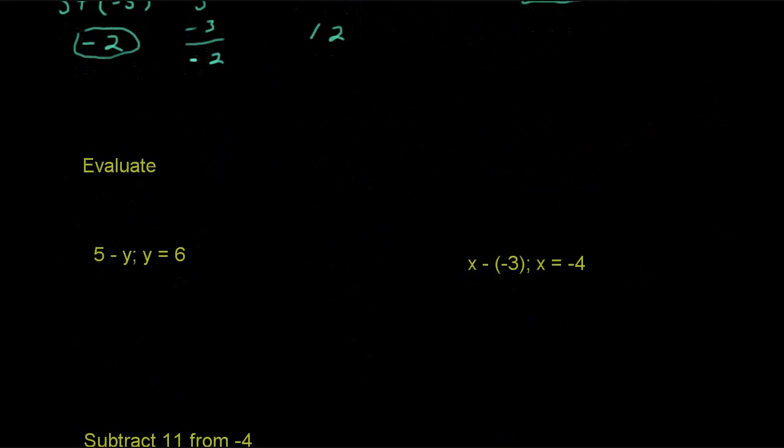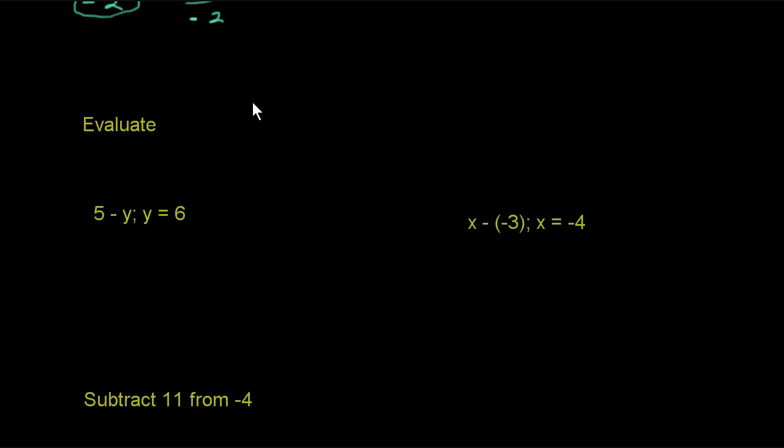The next problem says to evaluate. And the first step in evaluating is to plug in. We'll just plug in place of the variable what it's equal to. So 5 subtract y, and what's y equal to? 6. So we just rewrite this as 5 subtract 6.